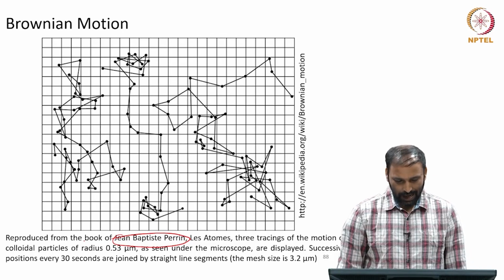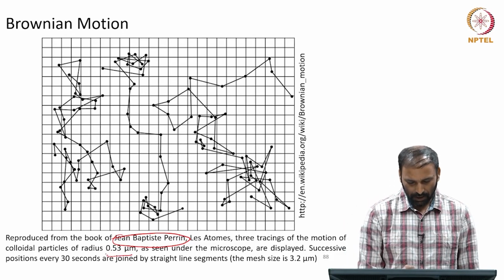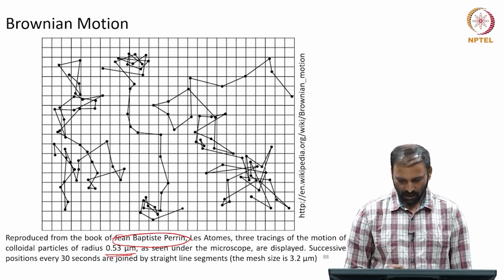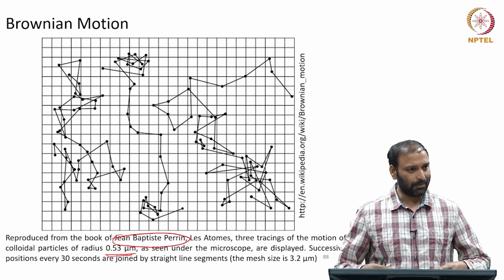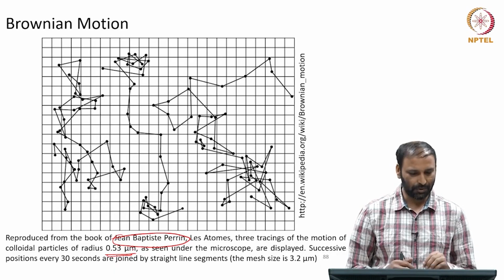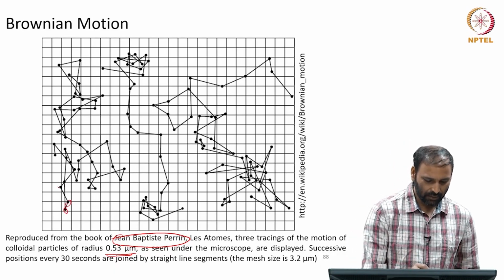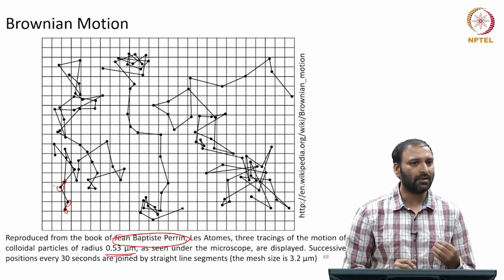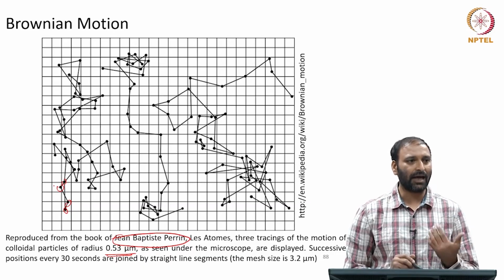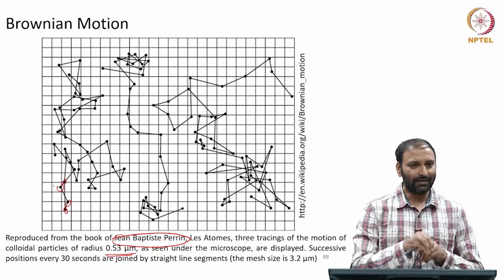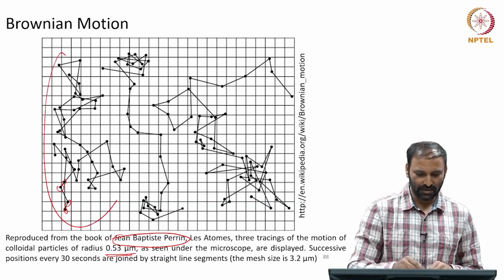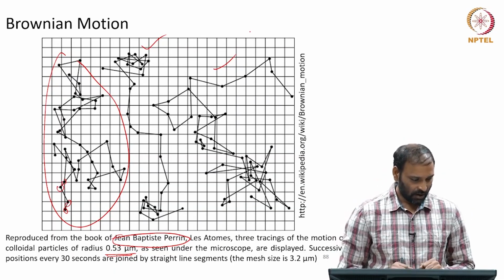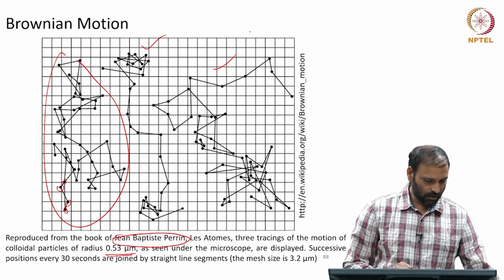He used colloidal particles of 0.53 micrometer in radius, prepared a sample, and observed them under a microscope. Every dot that you see is the position of a particle at some time instant, and a later time instant where it has moved. So, he was able to track these particles, and here you see trajectories of three particles.